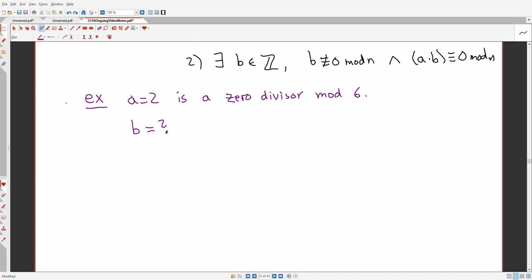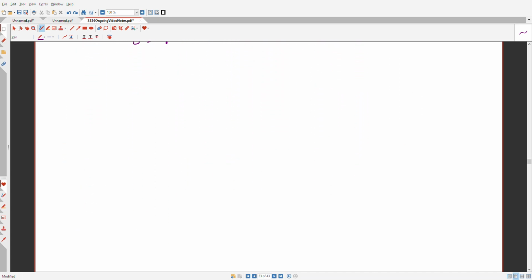It turns out a sort of opposite, doesn't quite feel like an opposite, notion is this notion of being invertible mod n. That's what I'm going to say.